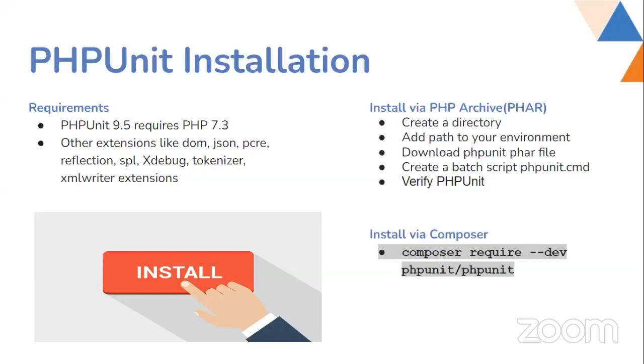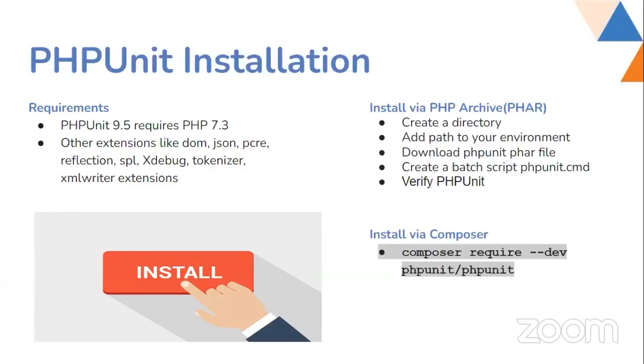Now, on the other hand, if you want to install it globally, you will go to the C directory of your computer, and then you will add the path of it as an environment variable, then download the PHPUnit PHAR file, which you will get in the documentation and website of PHPUnit.